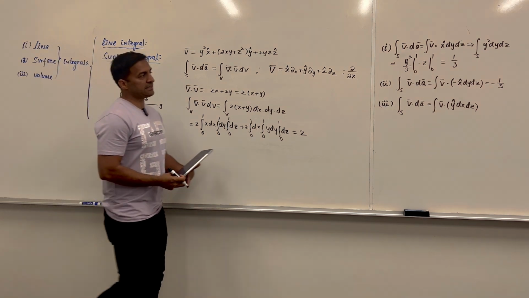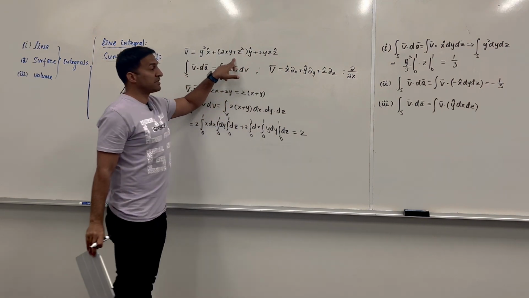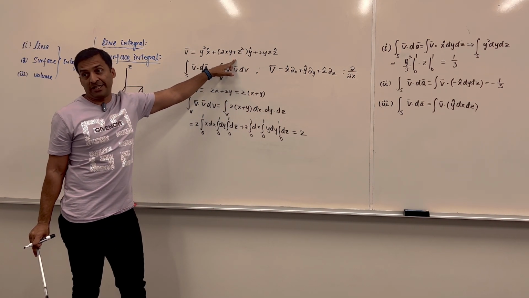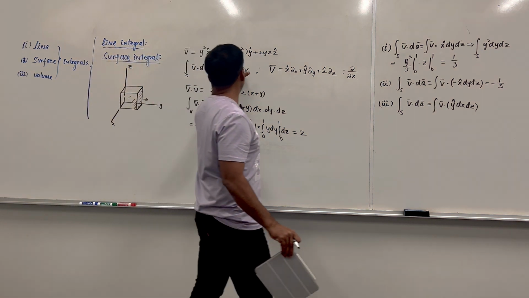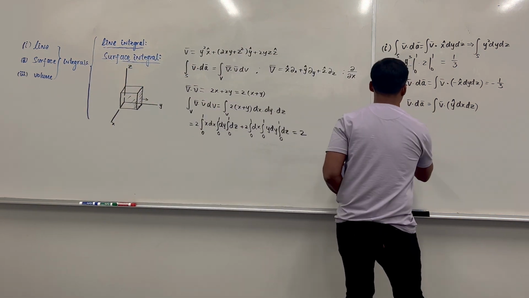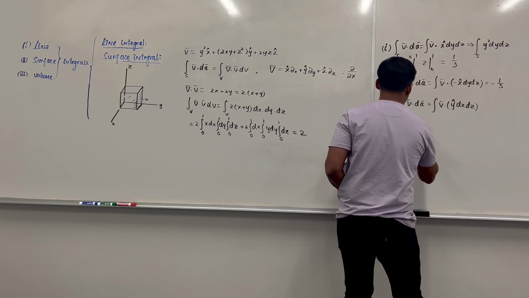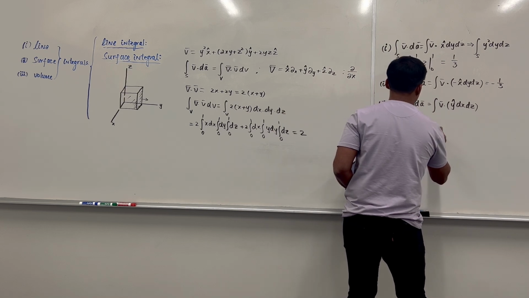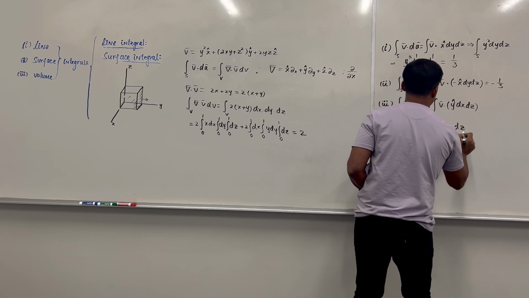And this immediately tells us that when we take the dot product of these two terms, only the second term survives because it's y dot y. Y dotted with x and y dotted with z will give us 0. And we write this second term, which is 2xy plus z square, dx dz.